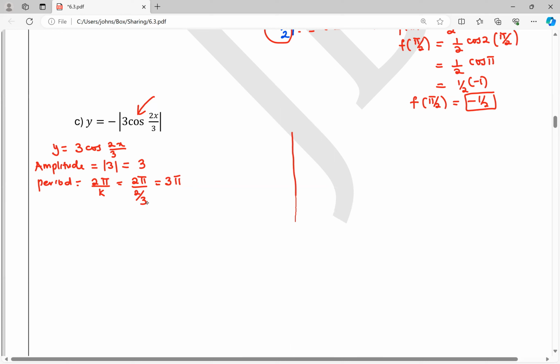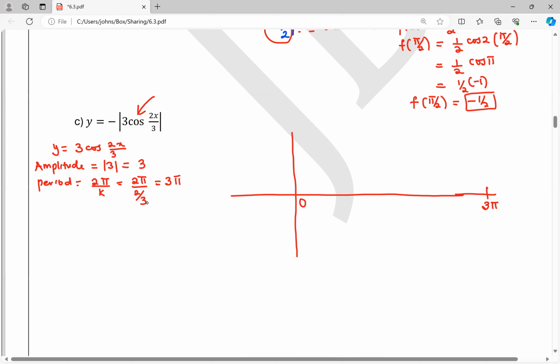So this will be something like this. So we go from 0 to 3 pi. From 0 to 3 pi, now you can divide it. If you divide this by 4, you keep adding it, right?